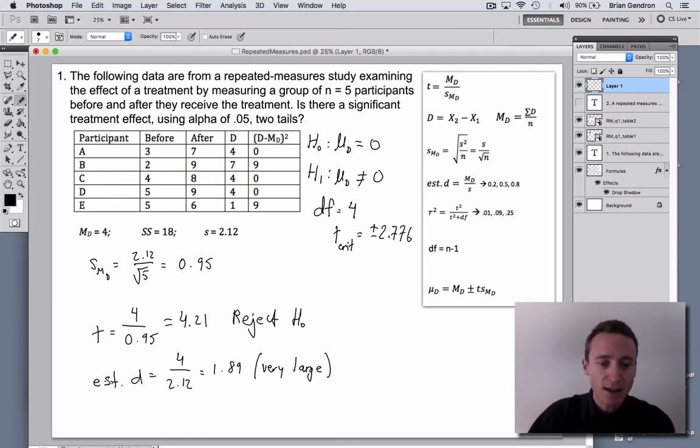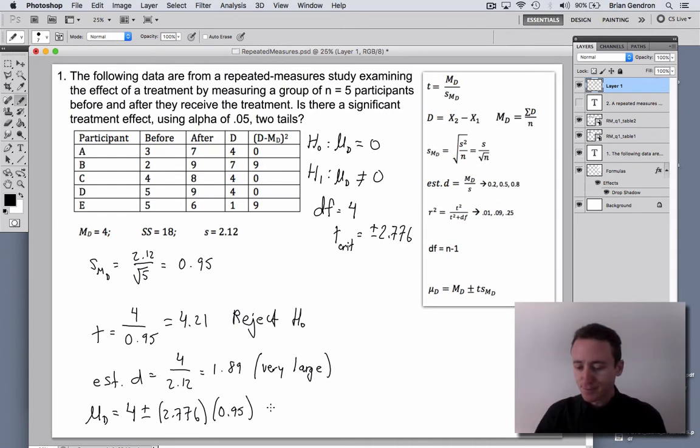So let's calculate the 95% confidence interval. We take our mean difference of 4 and add and subtract the following product. Our critical value of t was 2.776, and we multiply that by our estimated standard error of the mean difference, which was 0.95. So let's see what we have here.